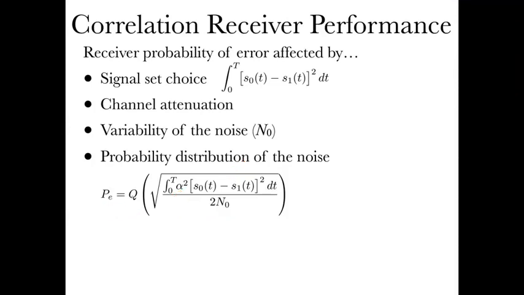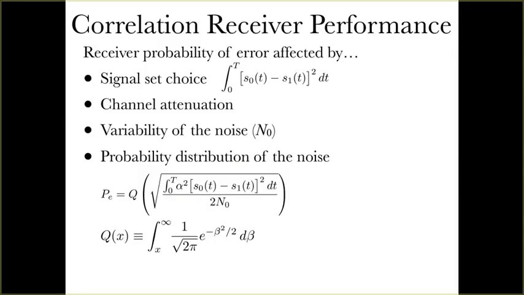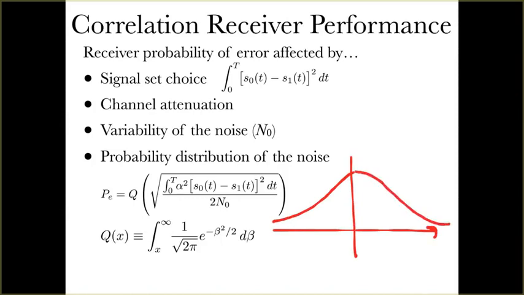So what is Q? Q turns out to be what's known as the tail integral of that Gaussian curve. So if I were to plot that Gaussian again, here it is. The Q function, notice, is an integral from x to infinity.